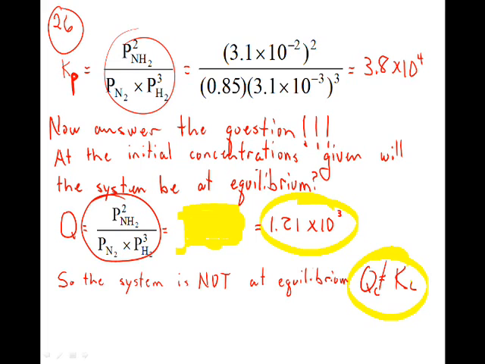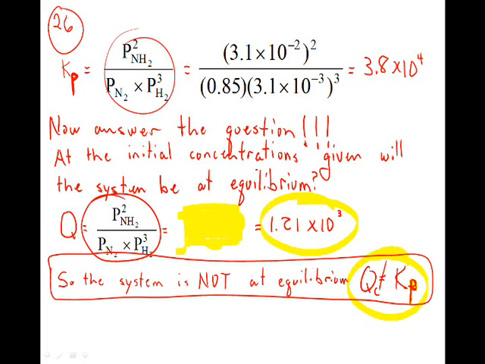And once again, it looks like I should have put this in terms of pressure. I just didn't notice that as I was working on it earlier. Now this problem, that's all it's asking you to do is tell if this is at equilibrium or not. And all you need to say is the system is not at equilibrium because Q is not equal to K.